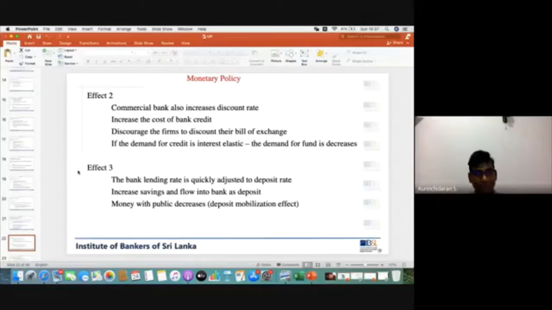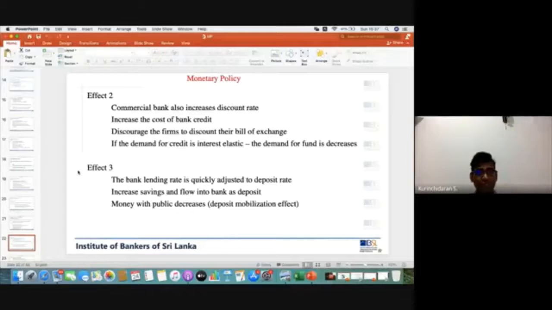What will happen? Effect two, when the central bank increases the interest rate, the bond price will come down. So commercial banks also increase the discount rate.